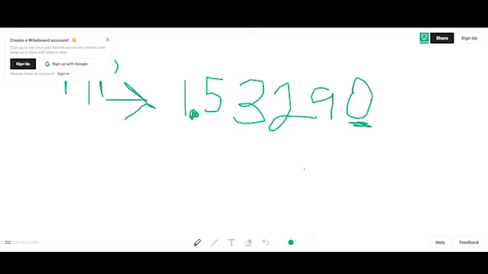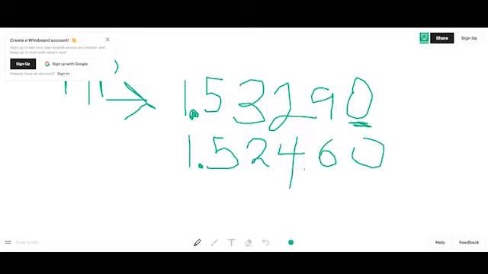Now price moved from this number to 1.2460. Okay, so now you can see that price has changed from this current price to the second price.